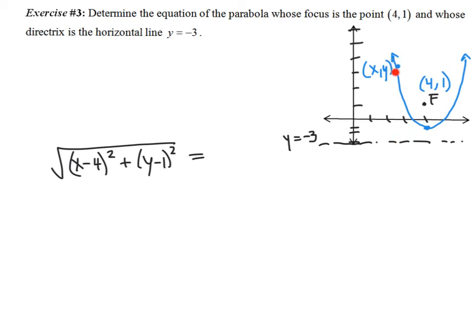So this distance from this point down to the x-axis, that's y. But then I've got to go an extra 3. So that total distance this time will be y plus 3. You can also think of it as the y coordinate minus the equation of the directrix, so y minus -3, which also gives me y plus 3.